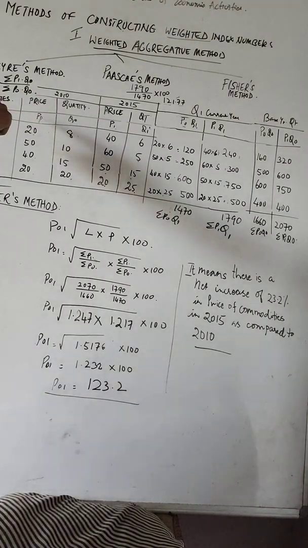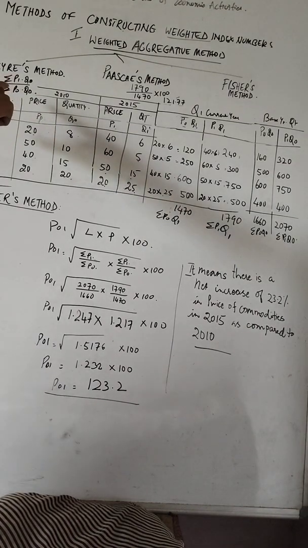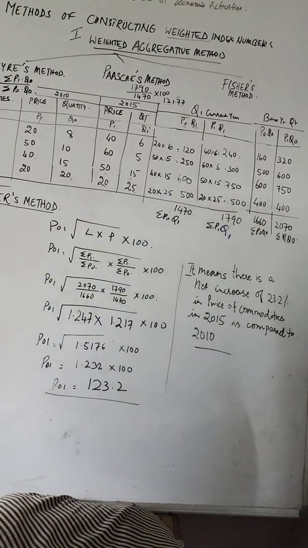So what is Laspeyres' method? We know that the simple aggregative index number is sigma p1 upon sigma p0 into 100.